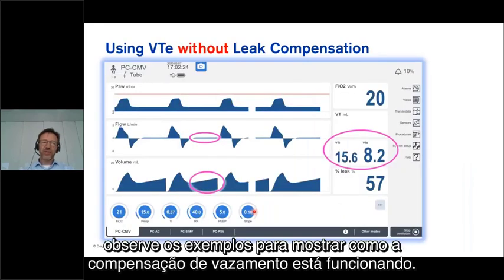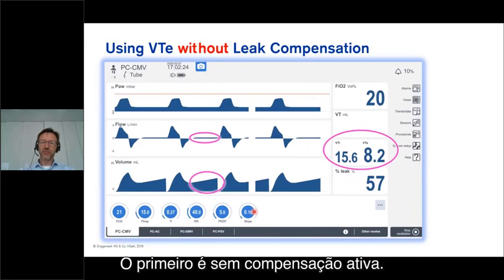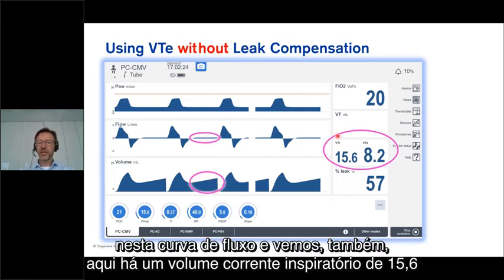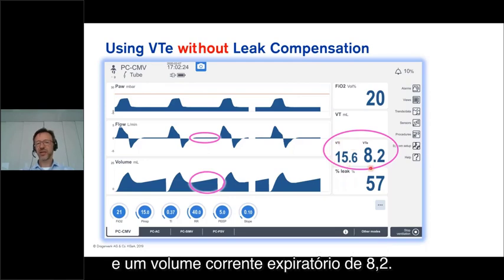Now, two examples to show you how leak compensation is working. The first one is without active leak compensation. Here we see this is a situation of 57% leak. We see the leak here in the volume curve and in the flow curve. And we see as well here, there's an inspiratory tidal volume of 15.6 and an expiratory tidal volume of 8.2.